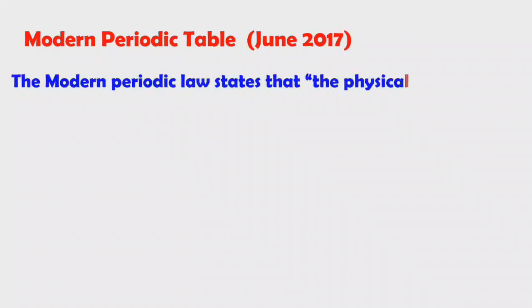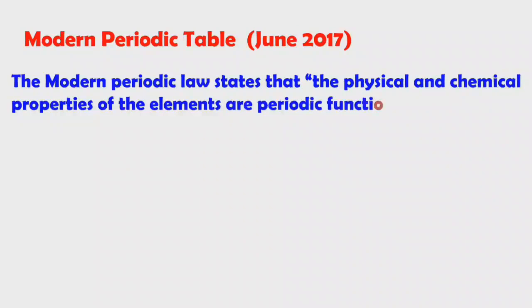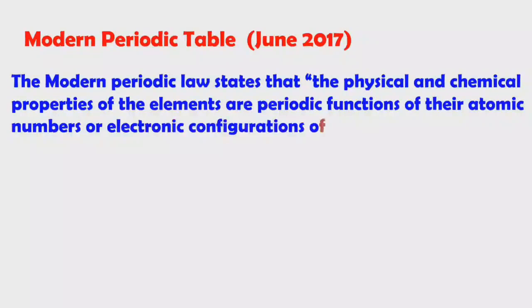Modern periodic table. This question was given in the public examination of June 2017. The modern periodic law states that the physical and chemical properties of the elements are periodic functions of their atomic numbers or electronic configuration of their atoms.